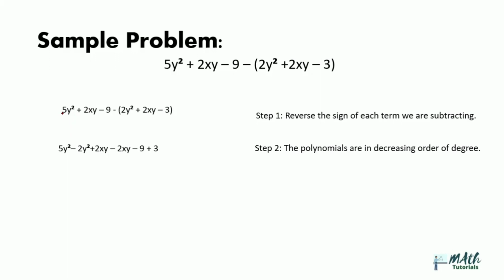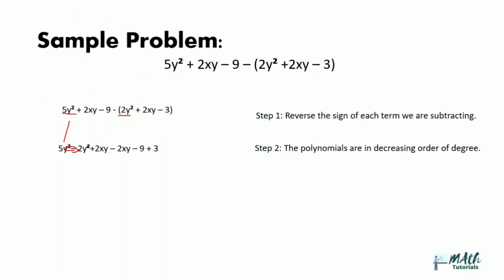Bring down the 5y squared and reverse the sign to negative, y squared, positive to negative sign.